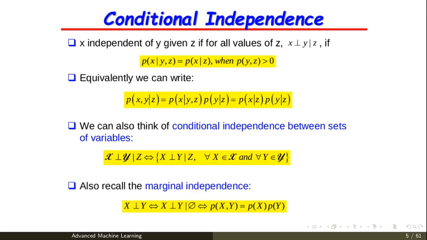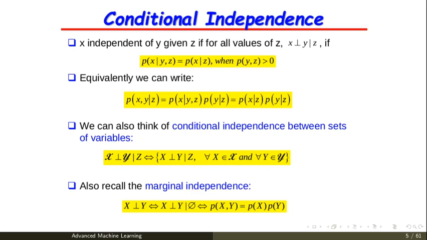You can use this as a definition when this conditional distribution factorizes, like x and y are independent given z. Sometimes this would be convenient, sometimes the other one, but they are exactly the same thing.